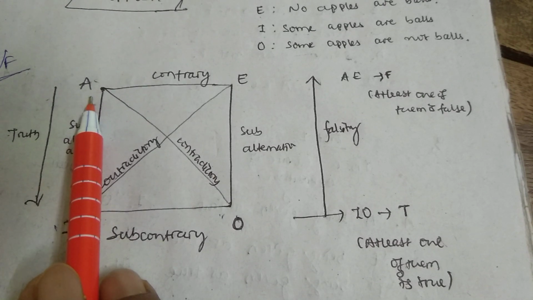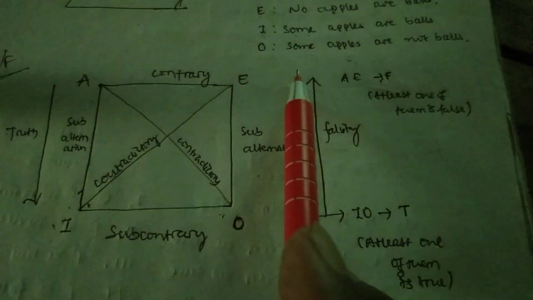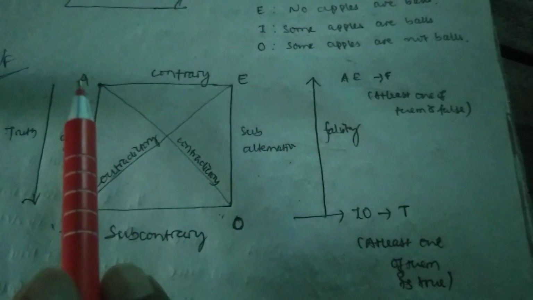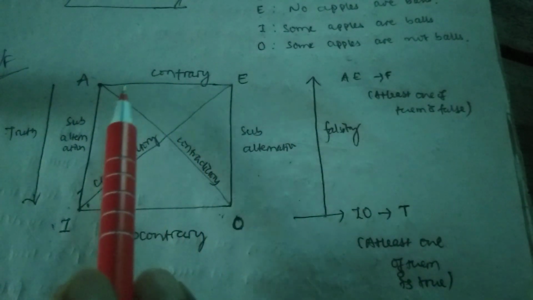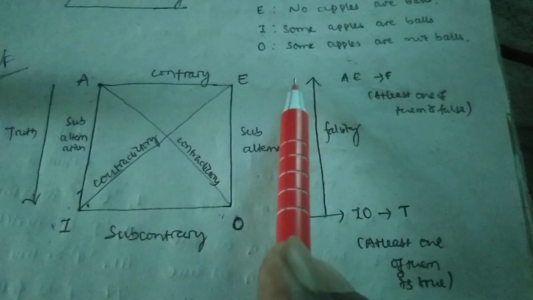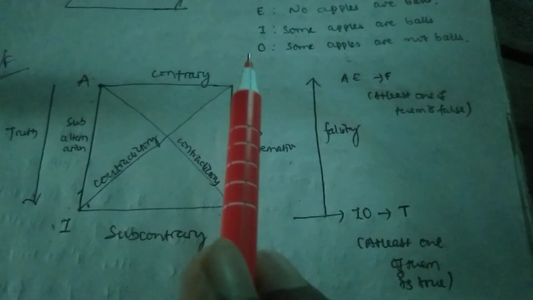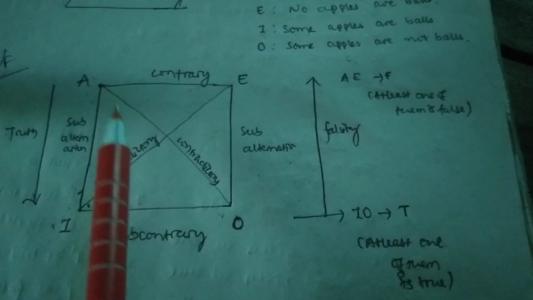When A is false, E can be true or false. When E is false, A can be true or false. If it is given that either of them is true, then the other must be false. If A is true, then E is false. If E is true, then A is false.